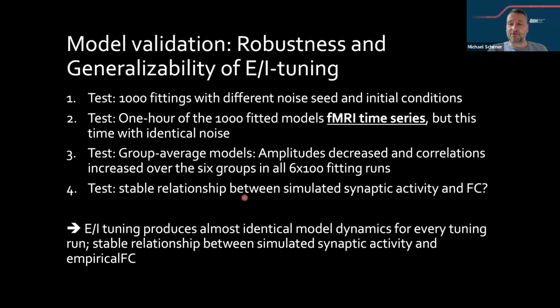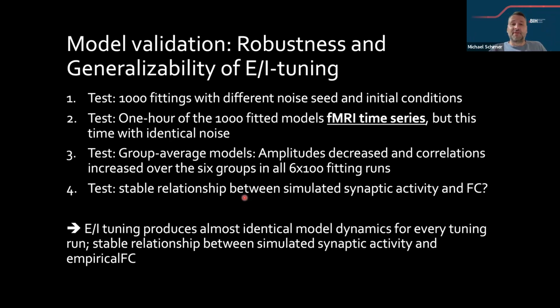And now, coming towards the end, just some validation and robustness checks of the AI tuning algorithm. One could ask, is this really a unique solution that the algorithm finds? So we did resimulations. We did this fitting, this AI balance tuning, with 1,000 resimulations with slightly different initial conditions. And we found a little bit of a jitter, so parameters were not exactly the same, but the resulting fMRI time series were exactly the same.